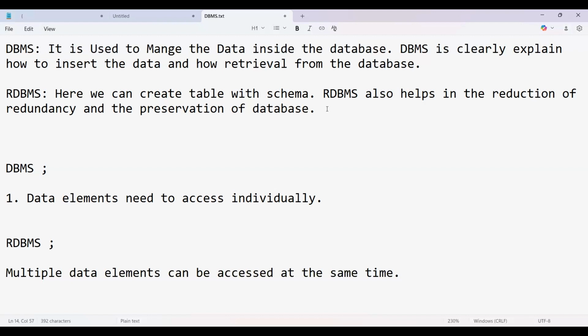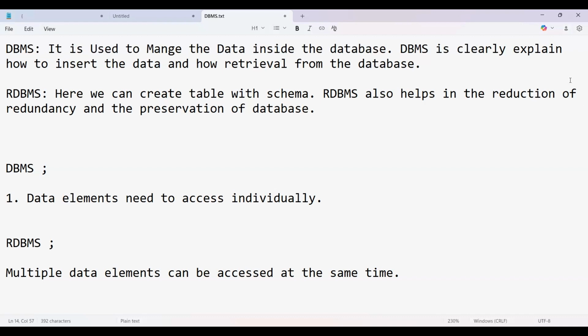It is not possible for multiple persons to access it. But in RDBMS, multiple persons can access even a single database at a time. That is the basic difference between DBMS and RDBMS.